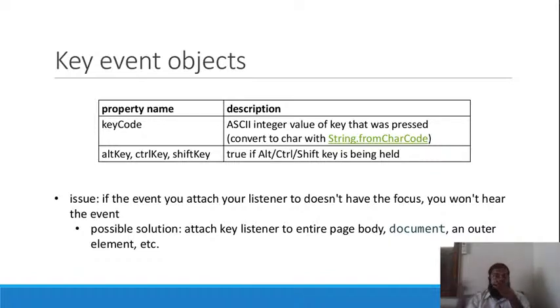And if the alt key or the control key or the shift key is being pressed at this point in time, then those values will be true. So the properties are keyCode, altKey, ctrlKey, and shiftKey. You have an issue if the element you attach your listener to doesn't have the focus, you won't hear the event.